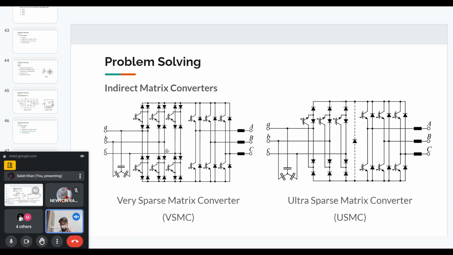I hope you can see this. Let's say for C phase, I go through the diode and then through the switch. If you can follow my mouse cursor, through the switch and then through the top diode. The negative as well, we can go through one diode, through the switch and through another diode.